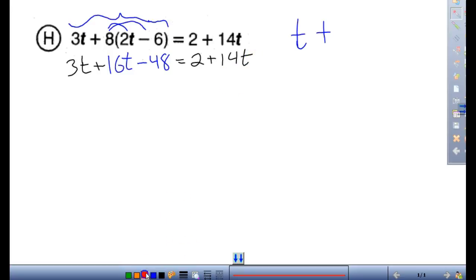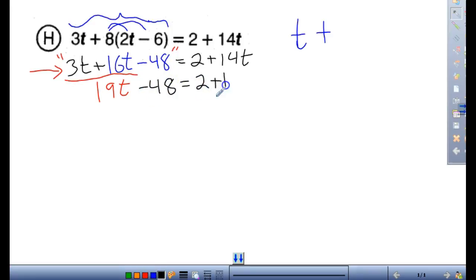And then simplify everything on the same side. Again, this is what your quiz is today, just simplifying a single side, so it's just a number and a variable at the end. So here we have 3t plus 16t, so 19t. And then, once again, just rewrite everything else. So we're just doing one little step per line.